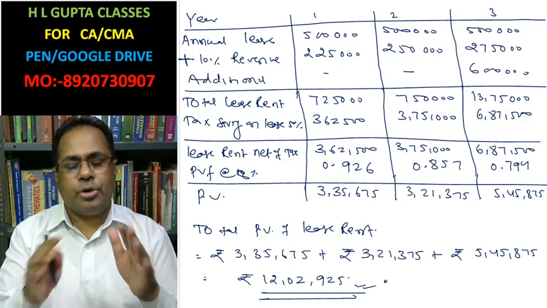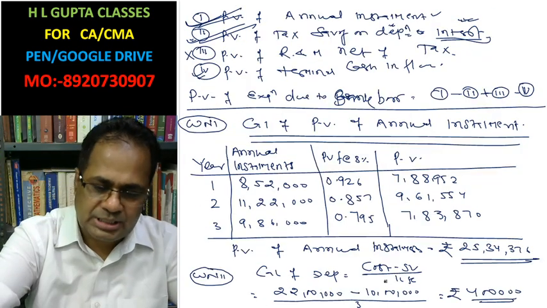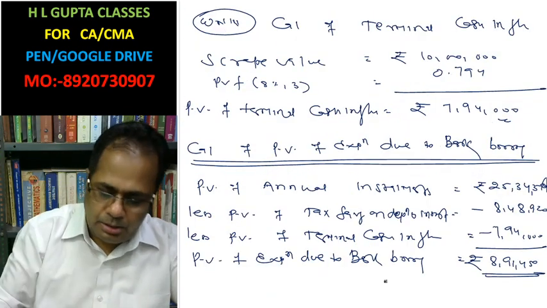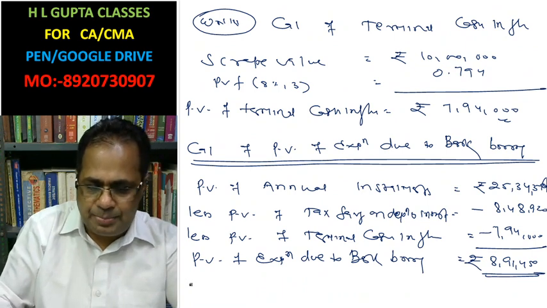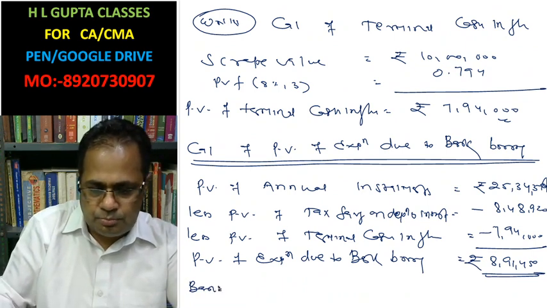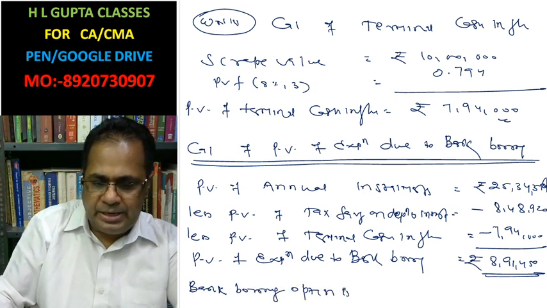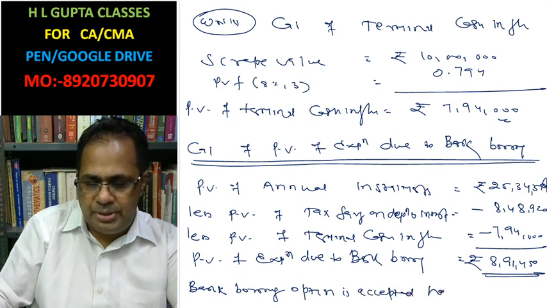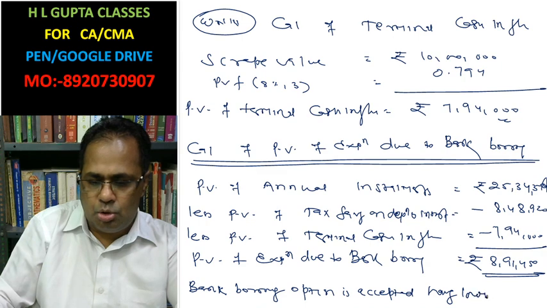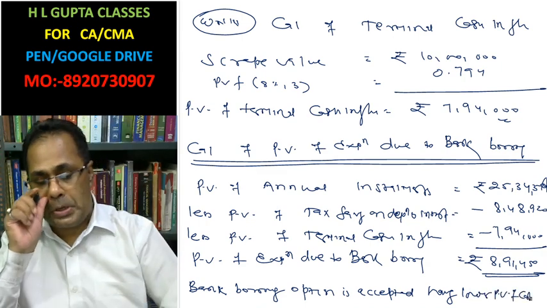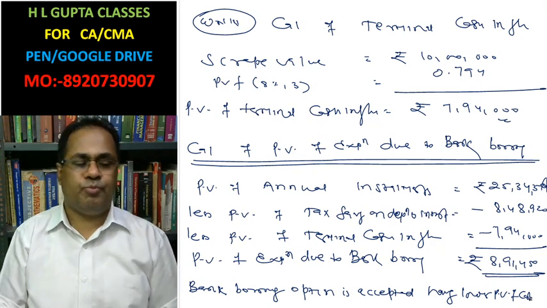I think bank borrowing is lower, hence bank borrowing is accepted. The bank borrowing option is accepted, having the lower present value of cost. Okay, these are good questions.